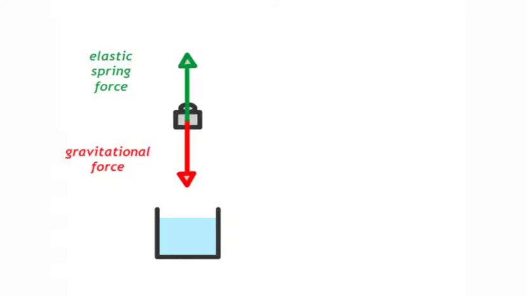Before immersing, we have two equal forces, gravity force in the downward direction and spring force in the upward direction. After we immerse the weight in water, buoyant force starts acting on the weight in the upward direction.